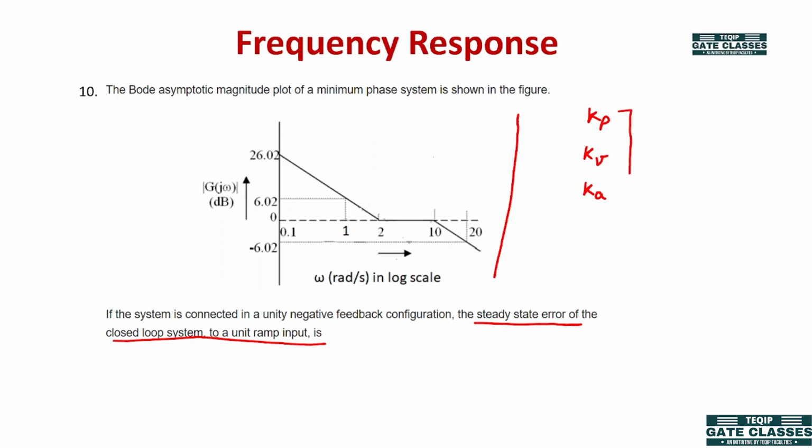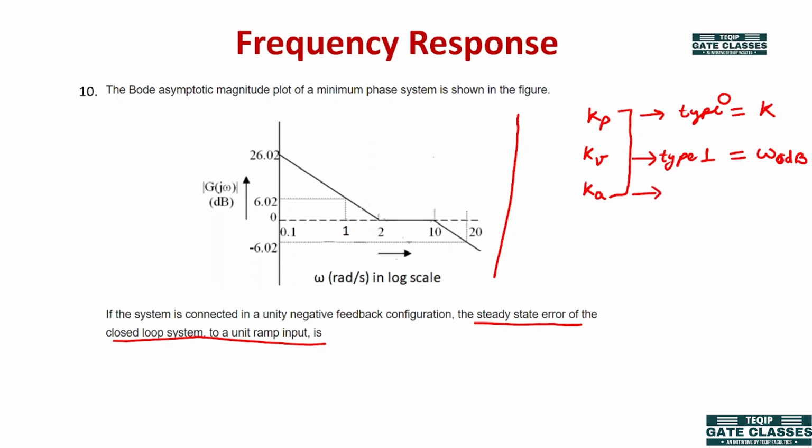You know how to calculate these values in time response analysis. These terms can also be calculated using the Bode plot. So for a type 0 system we calculate Kp and it is equal to the gain value K. And Kv is calculated for a type 1 system and it is the value of omega at which the magnitude is crossing the 0 dB line.